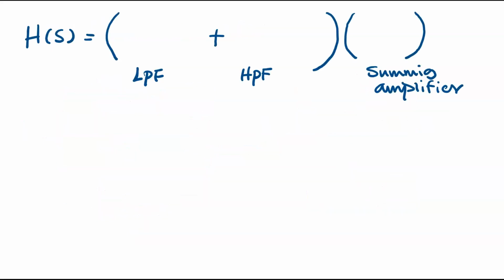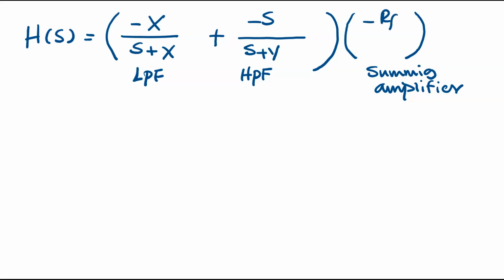Okay, so the transfer function of my low pass filter is equal to x over s plus x, actually minus x, and then the high pass filter is minus s divided by s plus y. Now my gain that comes from the summing amplifier is equal to minus rf divided by ri.